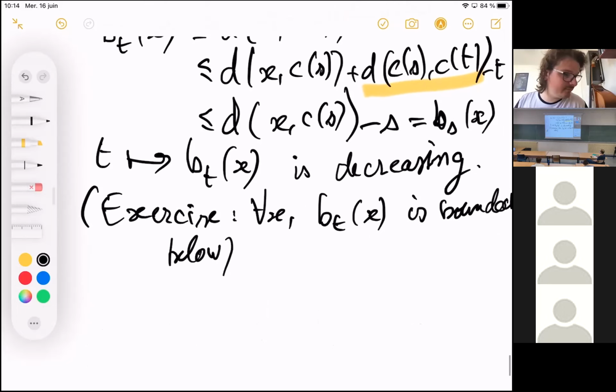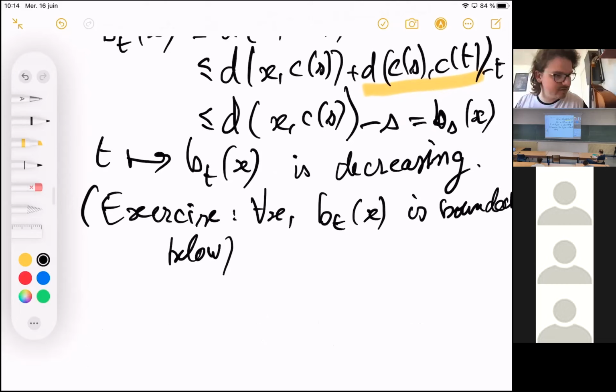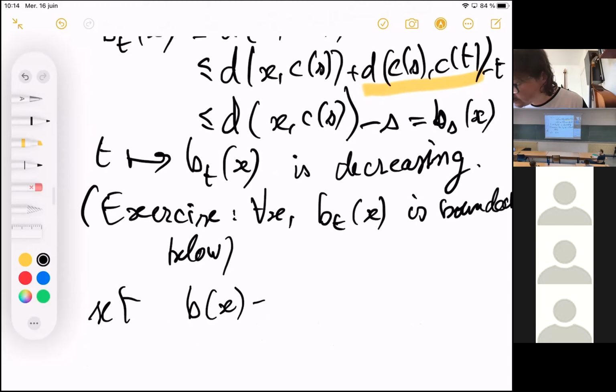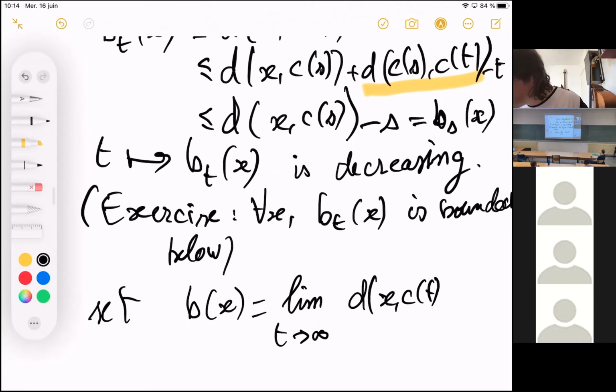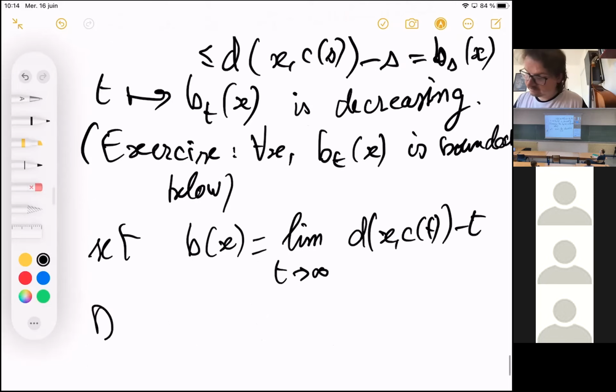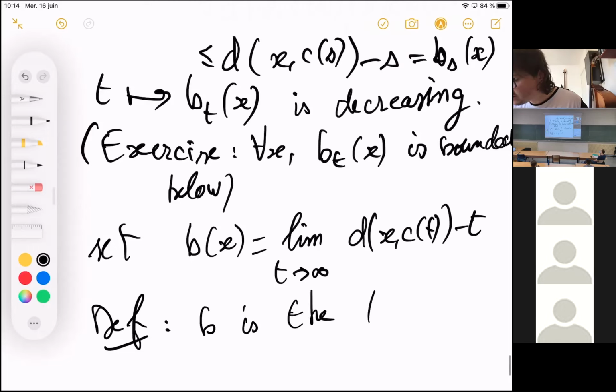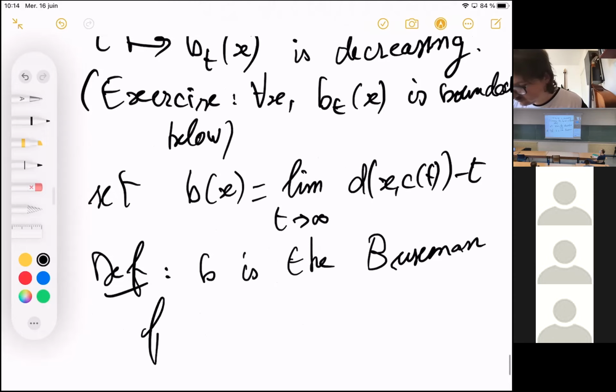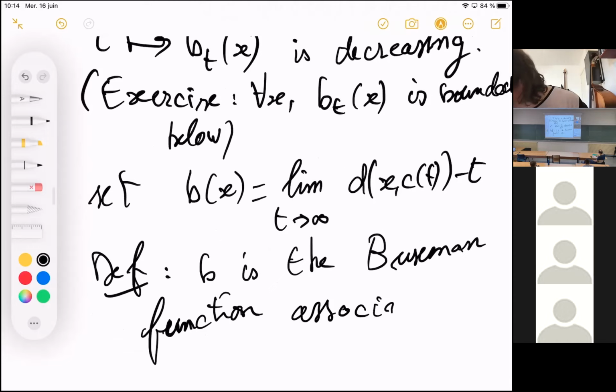Hence, it has a limit as t goes to infinity. So set b of x equal to the limit as t goes to infinity of those B_t. The definition is that b is what is called the Busemann function associated to the ray.